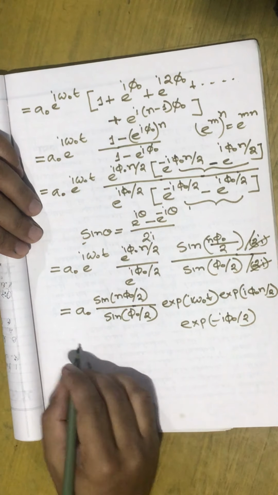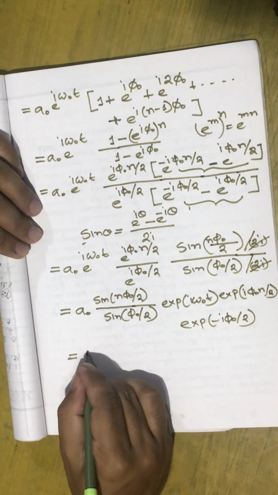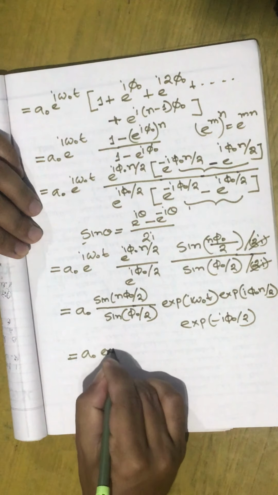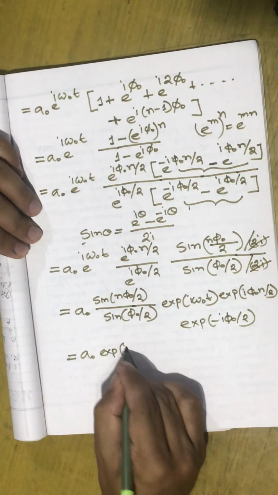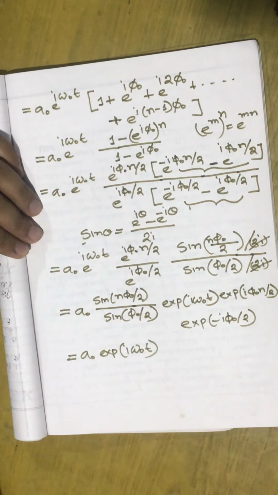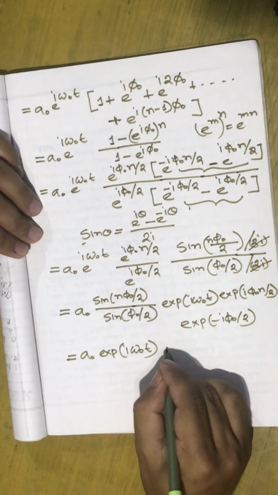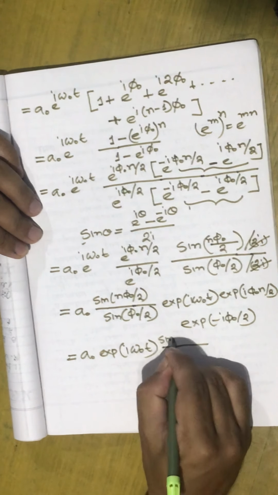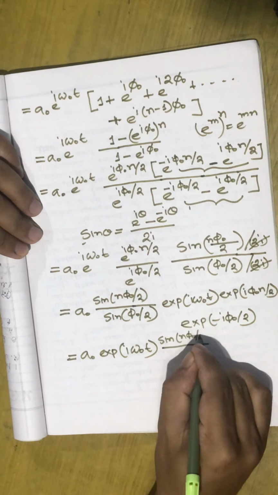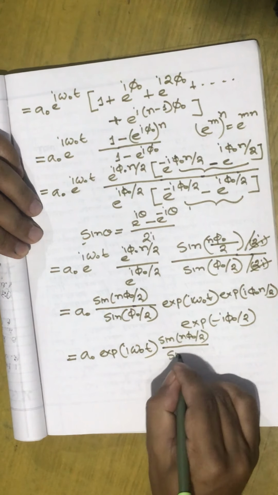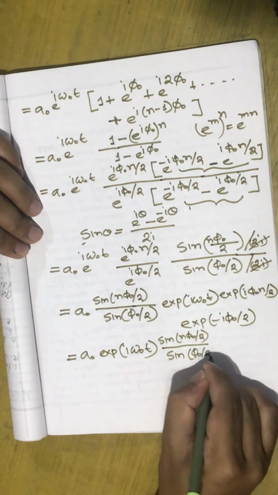Then we can slightly rearrange it: a naught exponential i omega naught t, then sine n phi naught divided by 2 divided by sine phi naught divided by 2.